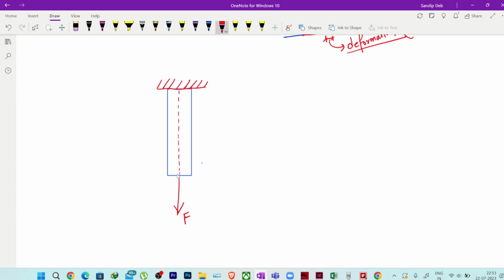So now what will happen? Obviously, as we have seen earlier, the molecules will displace, the particles will displace, and we may see some elongation in the bar. So if I just draw in a different color, maybe green, we will see some elongation in the bar.